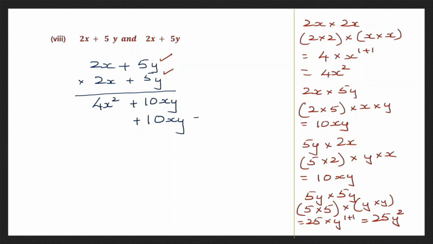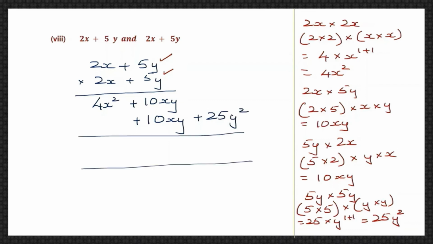So that is plus 25 y squared. So here we have 4x squared, and in the xy column signs are the same. So let's put the same sign and add 10 plus 10 is 20xy, and here we'll write 25y squared.